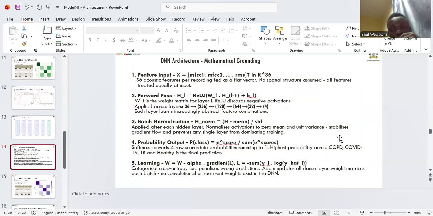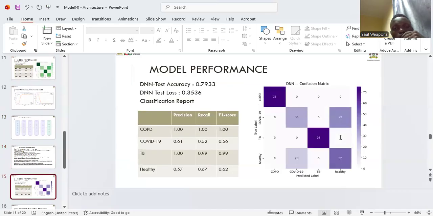So for the model performance, we are getting a test accuracy of 79%, with the model doing well for COPD and TB, and also suffering with COVID-19 and hepatitis.